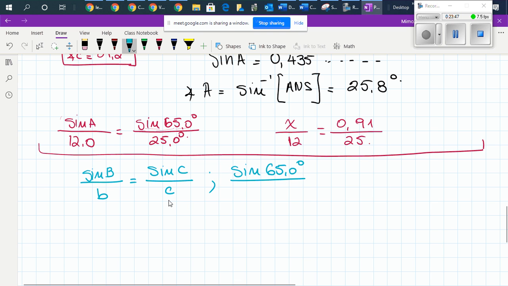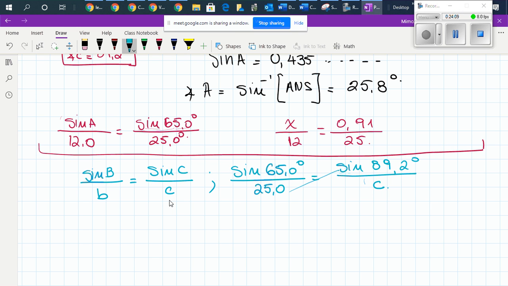Yeah, sine 65 over 25 is equal to sine 89.2 over C. And C is the unknown, is the X.